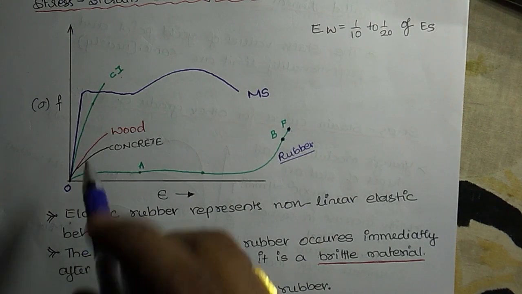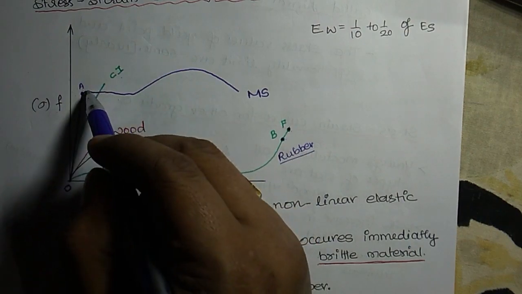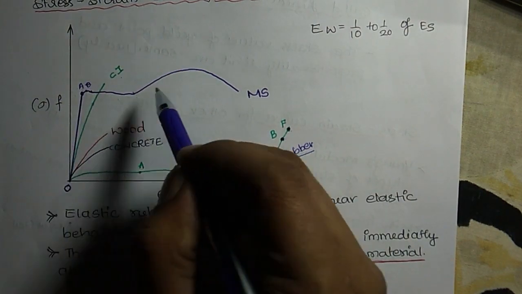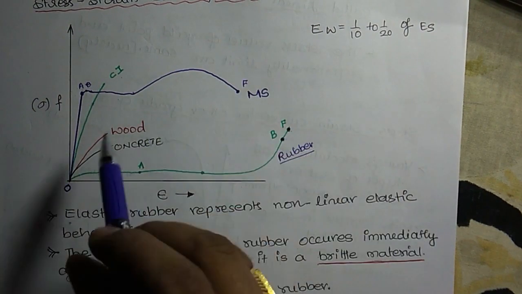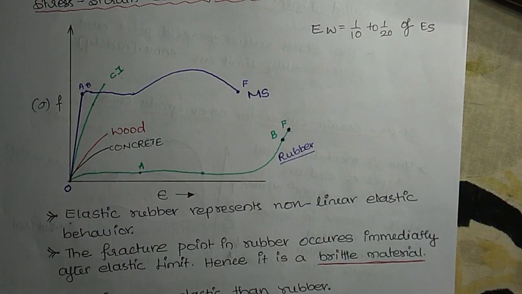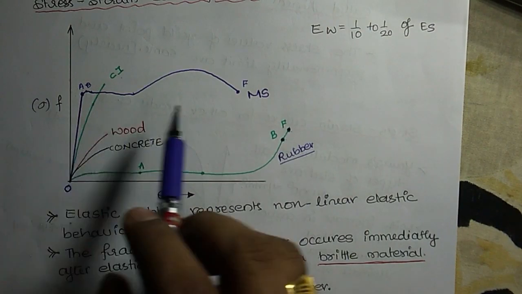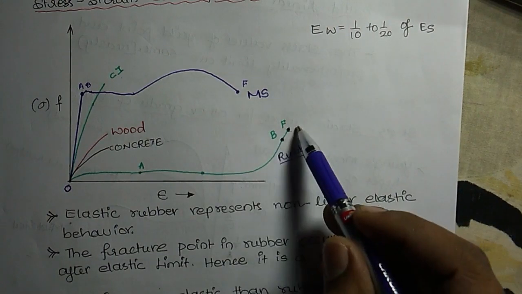You can see in the steel, this is the proportionality limit A, B comes here and C comes here, and the fracture point of mild steel is here. From B up to the fracture of mild steel there is a large gap, nearly 30 times the initial stress gap. So this is more elastic compared to your rubber.